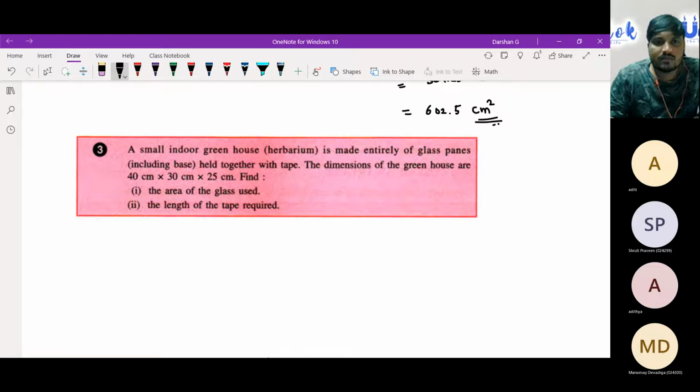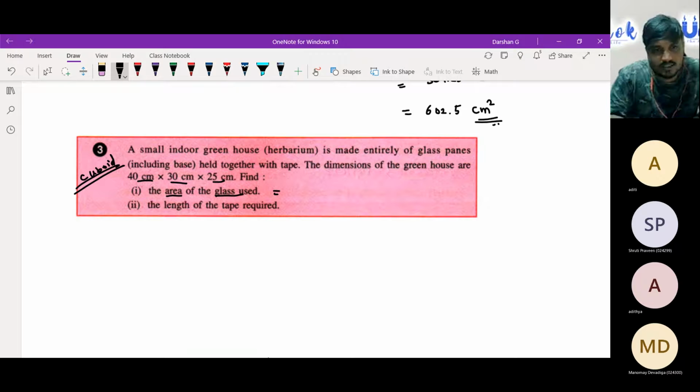Surface area. Correct. So area, whatever they're looking for, because they are talking about an indoor glass house. The glass house has dimensions of 40 centimeter, 30 centimeter, 25 centimeter, meaning it's a cuboid, right? There is no doubt with respect to that. So they are asking us to find the area of the glass.